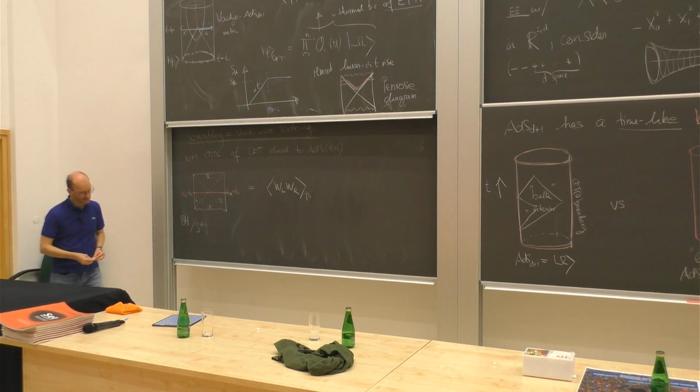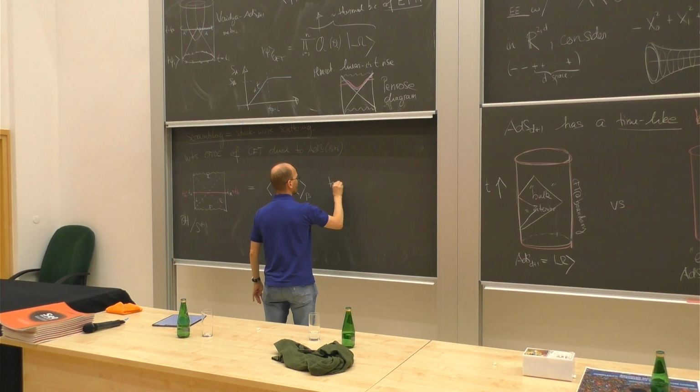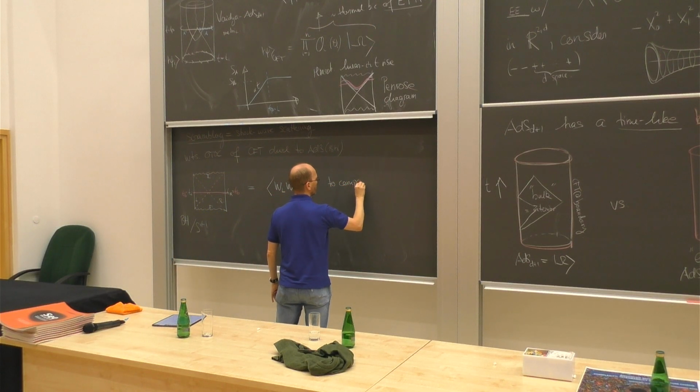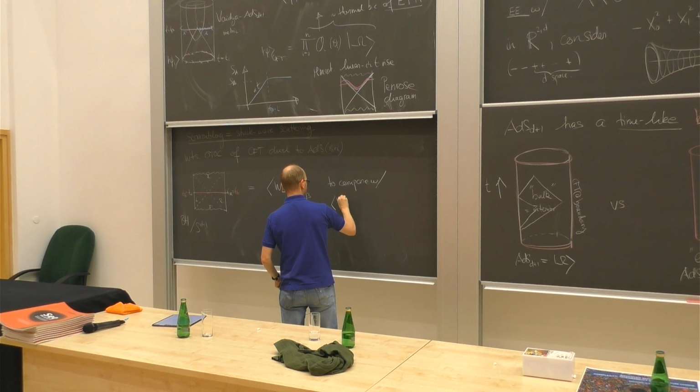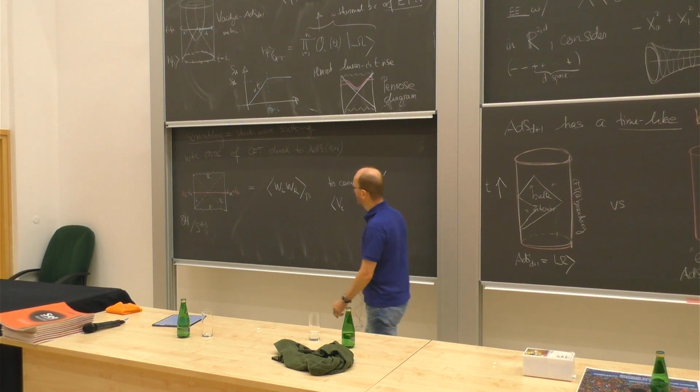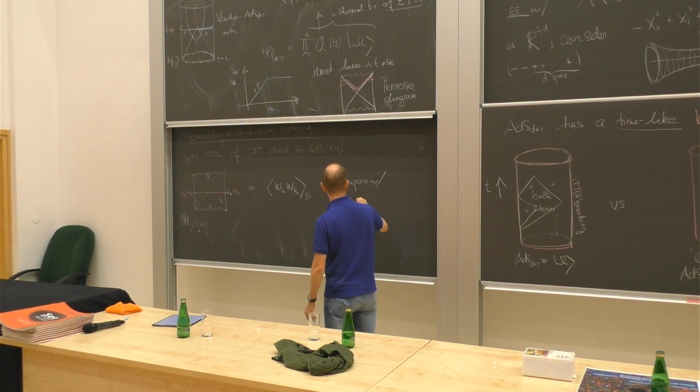Because what I really want to do is compare this with something where I take a second operator W and insert it at some time t: WL, V of t, WR.